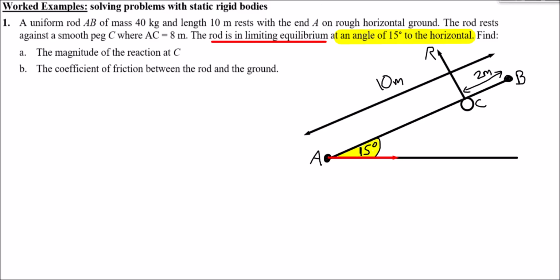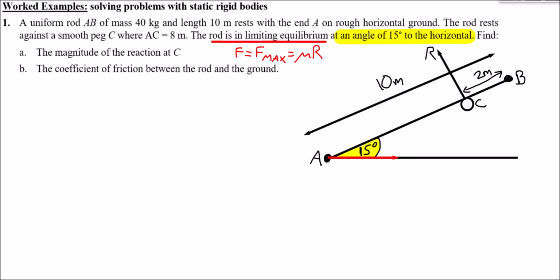So what this means is the friction will be F max, which will be mu multiplied by the reaction. Now, problematic this is because we've already got a reaction force here at C. This friction at A will be based off the reaction from A. The reaction from C has got nothing to do with the friction down here.